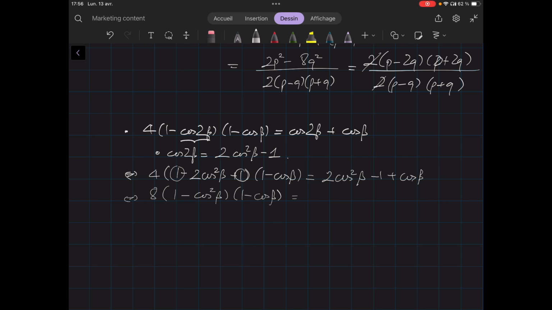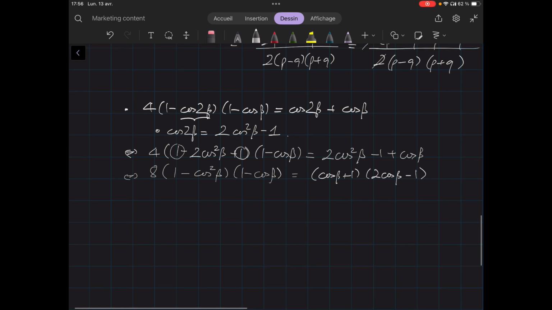Factorizing the right-hand side, that would give you cos beta plus 1 times 2 cos beta minus 1. We need cos beta plus 1 on the left-hand side. Luckily, we have a difference of squares. 1 minus cosine squared, that is 1 minus cos, 1 plus cos.